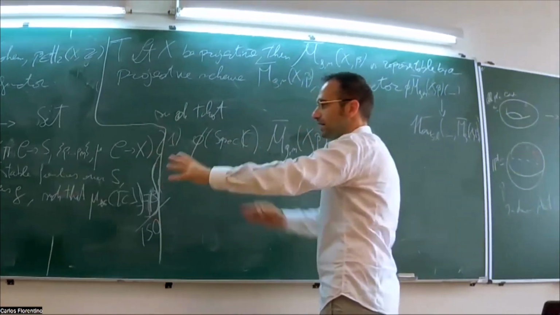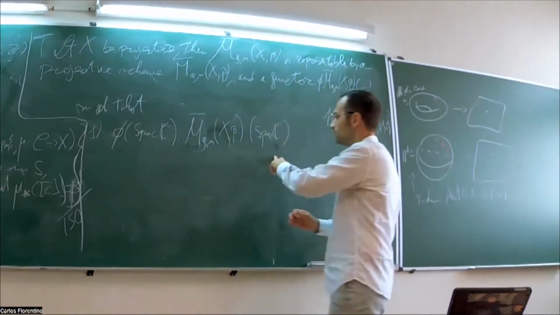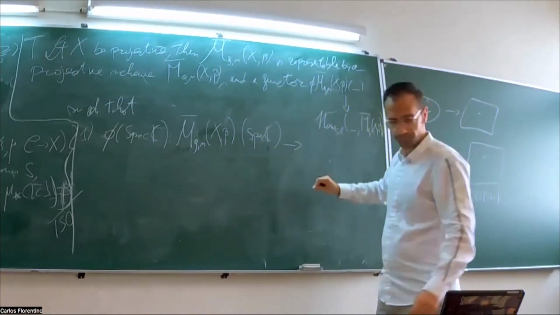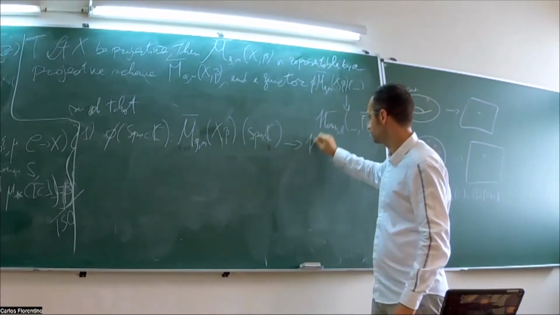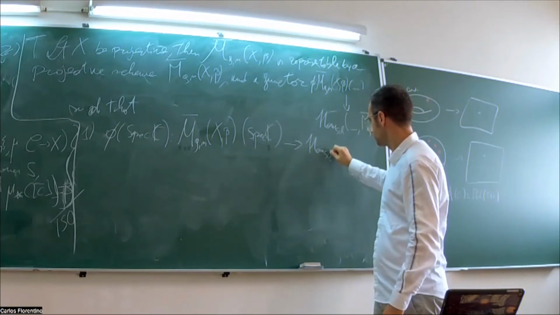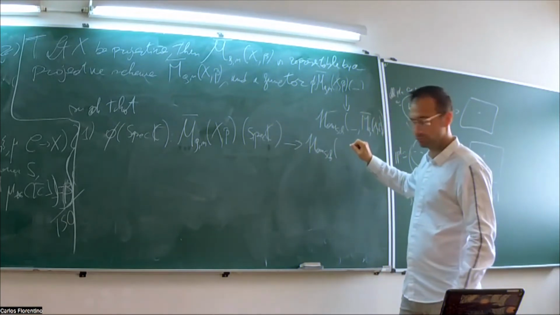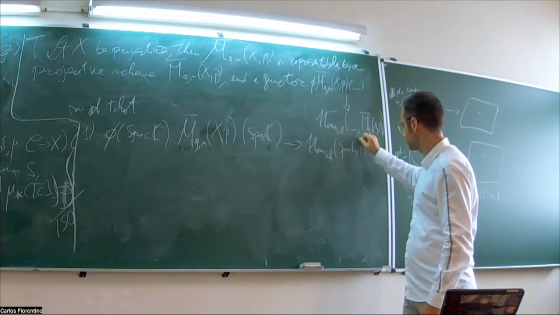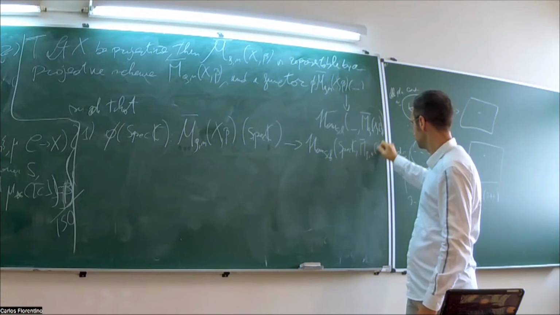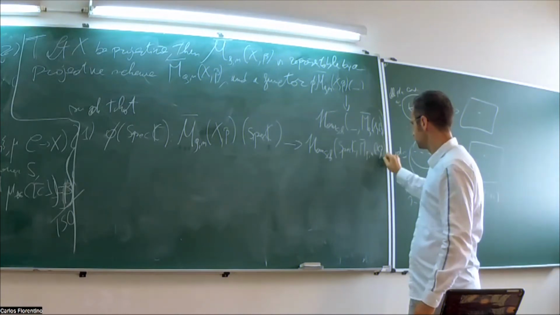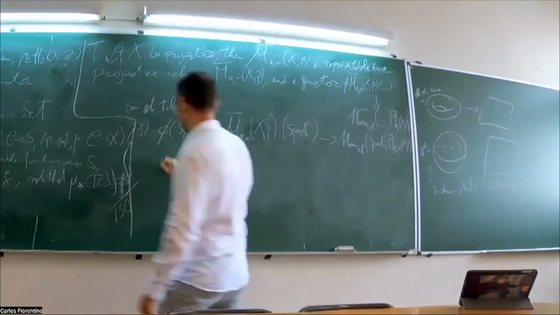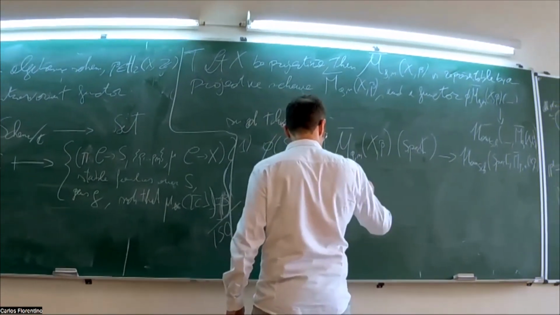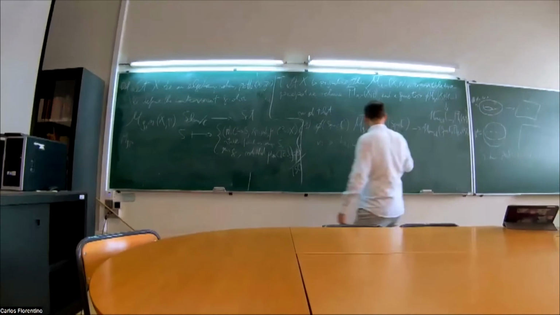So all the set of stable maps is a bijection of sets.